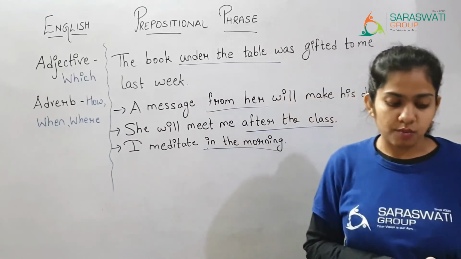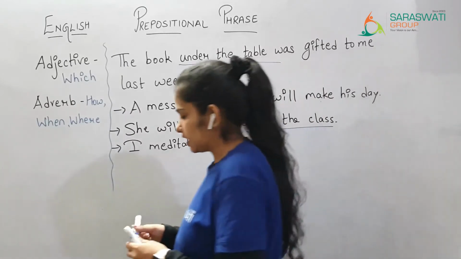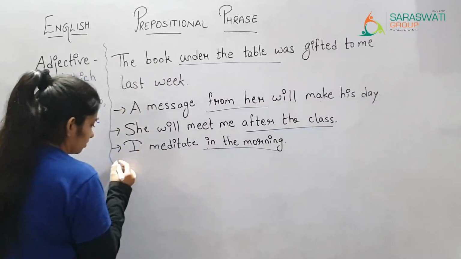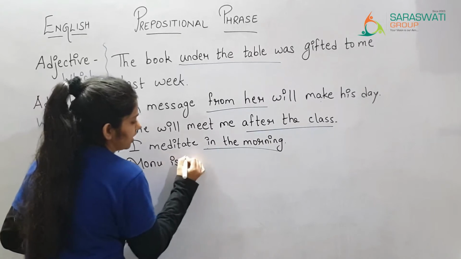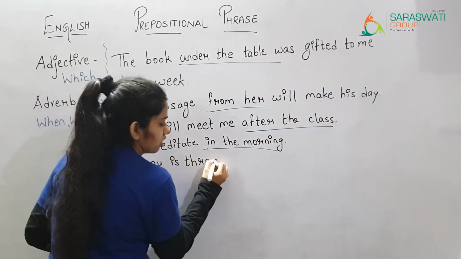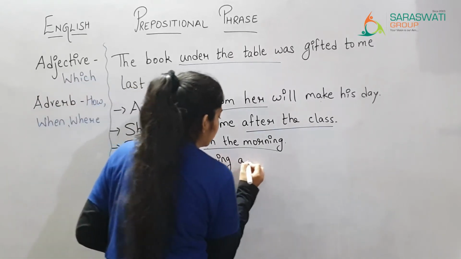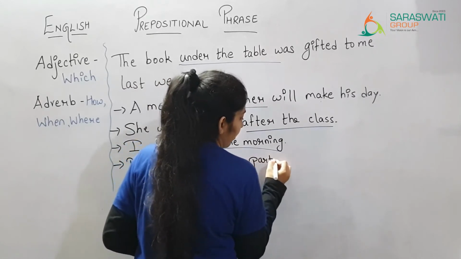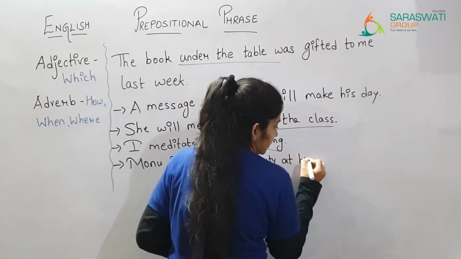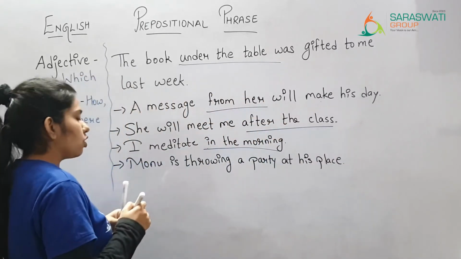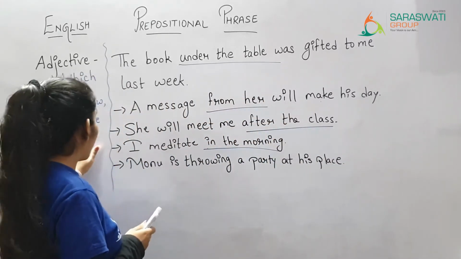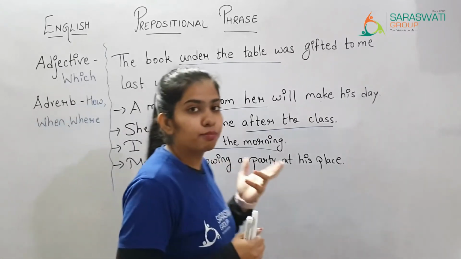Now afterwards, Mono is throwing a party at his place. So where is Mono giving the party? We are using where for the place.